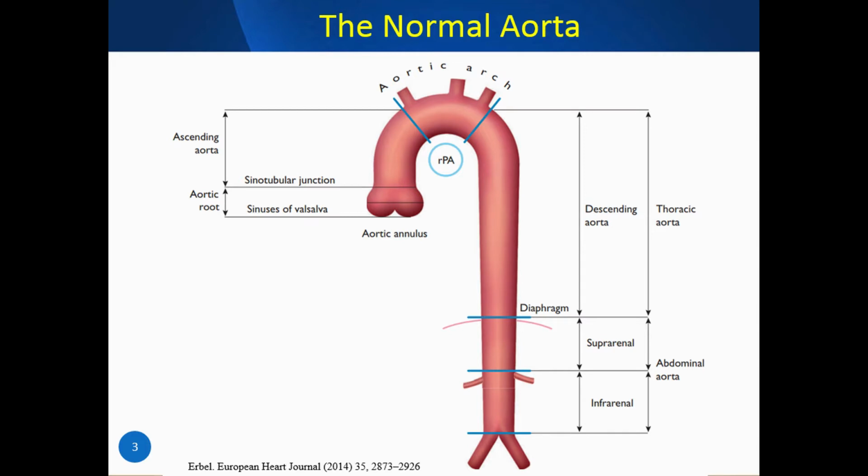This is then followed by the ascending aorta, which goes from the sinotubular junction to roughly about the origin of the innominate artery. You then have the aortic arch, which consists of from the innominate artery to just past the left subclavian. And then after that is really the descending thoracic aorta until the diaphragm. You have an area there also in the very proximal portion of the descending thoracic aorta known as the isthmus.